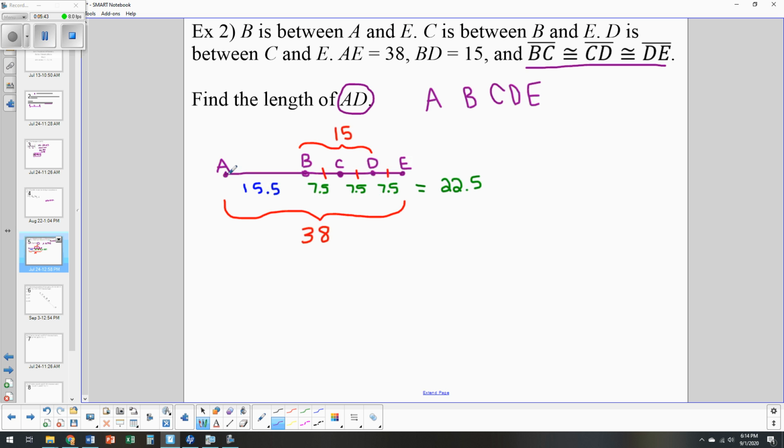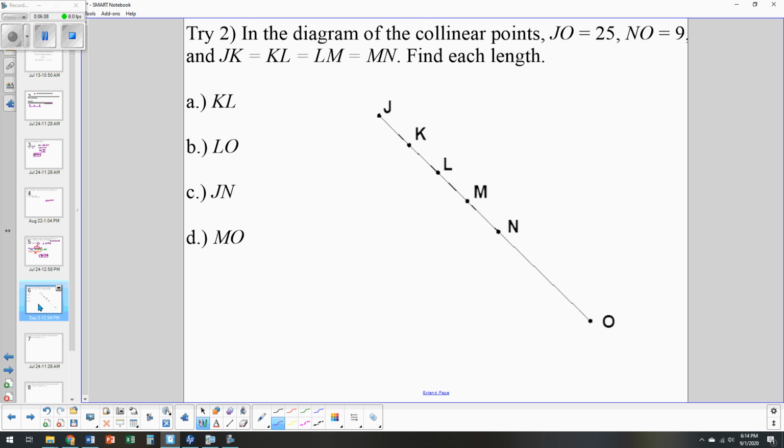So AD starts here. It includes this 15.5. It includes this 7.5 and this 7.5. So if I add these three numbers together, that gives me AD is 30.5. They don't give us units in this one, so I can leave it like that, or I can write the word units. So you go ahead and try this one, pause it, and I'm going to show the answer.